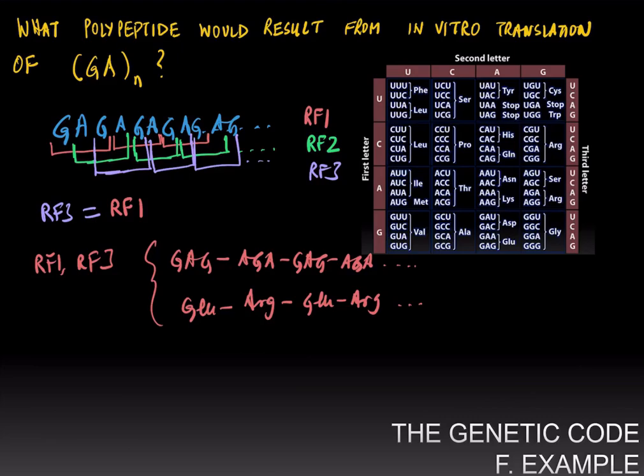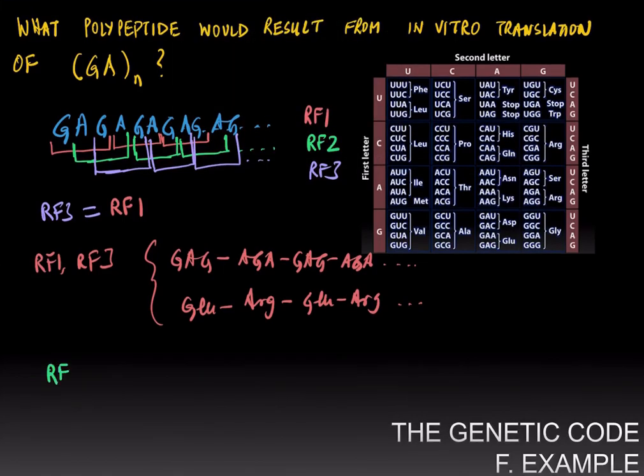And now let's see what happens in reading frame 2, where our repeating sequence is AGA, GAG, AGA, and so on.